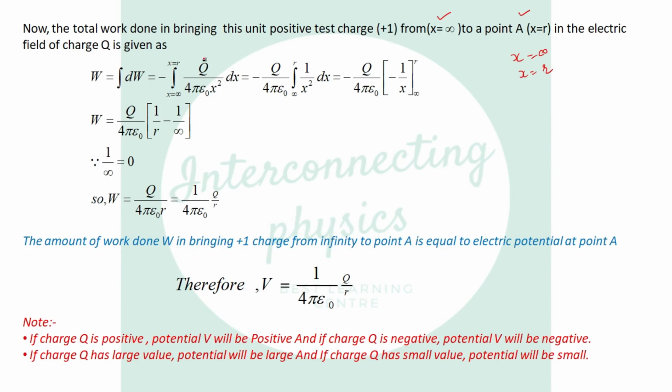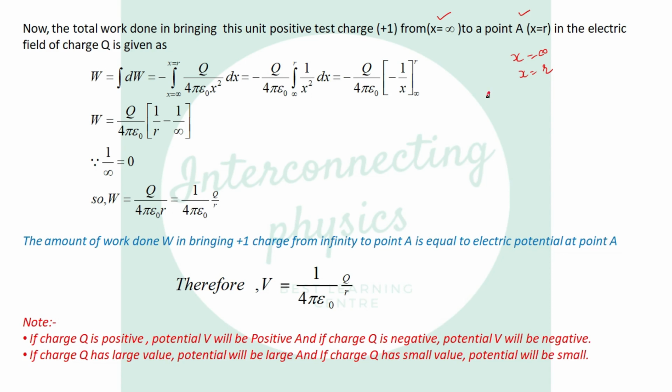Put the value of dW, take out the common terms, q divided by 4 pi epsilon naught, out of the integration. Now W will be integration of dW, which is equal to minus, limits infinity to r, q divided by 4 pi epsilon naught x square dx. Now take the constant terms out of the integration, that is q over 4 pi epsilon naught, and integration of 1 over x square dx.